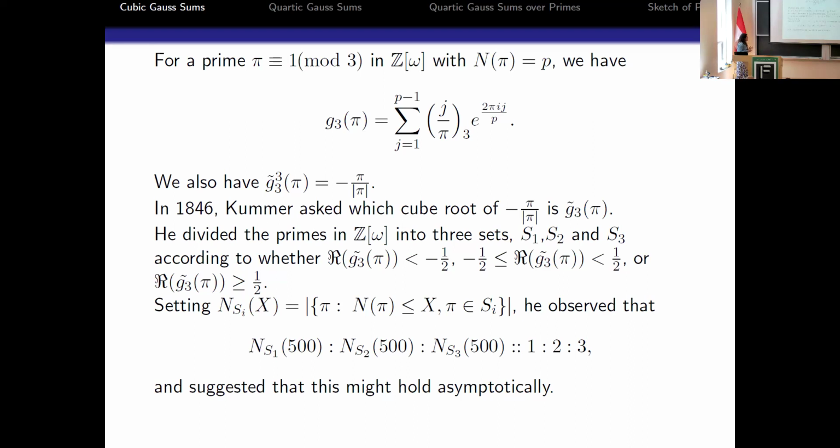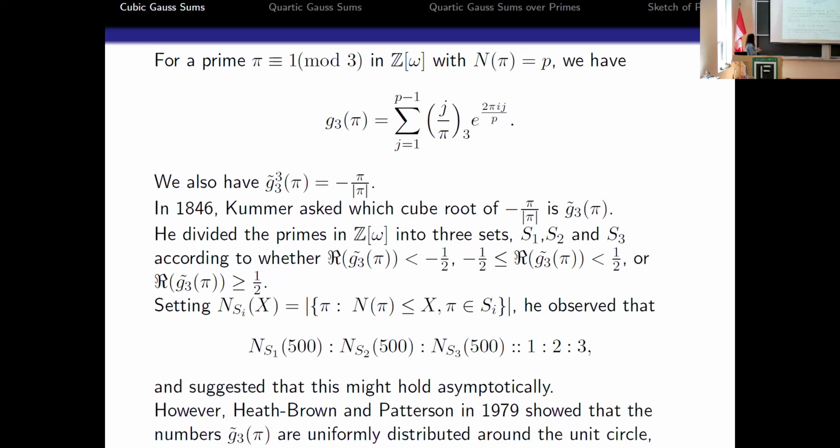Now, in the 1950s, with the rise of computers, people did more elaborate computations, and these computations cast some doubt on this prediction of Kummer. Then a folklore conjecture arose that these values, the normalized Gauss sums evaluated at prime arguments, should be equidistributed on the unit circle.